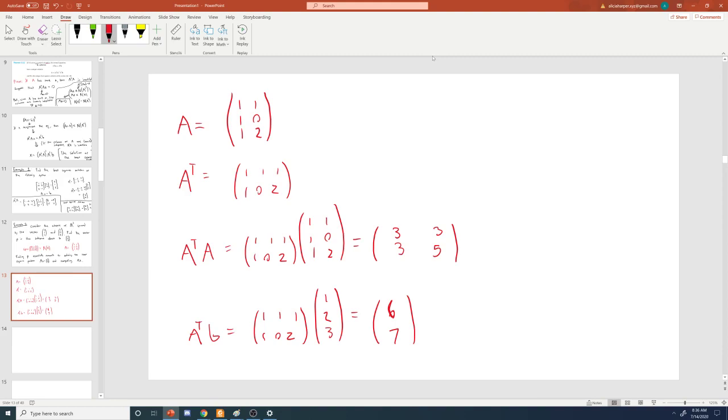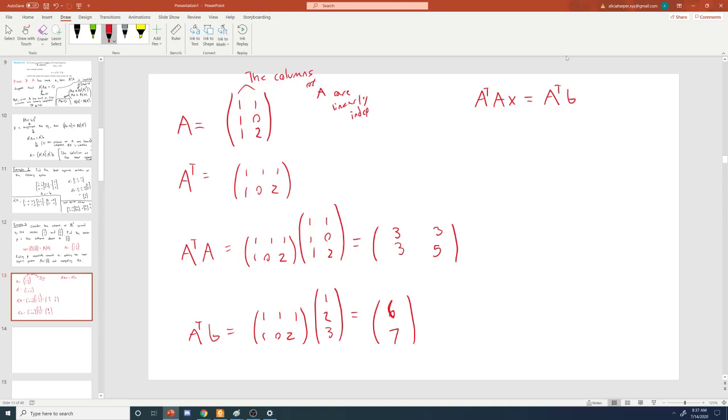And so now what we want to do is consider the system A transpose A times X is equal to A transpose B. And I should note that when I'm solving these systems, I'm implicitly using the fact that the columns of A are linearly independent.